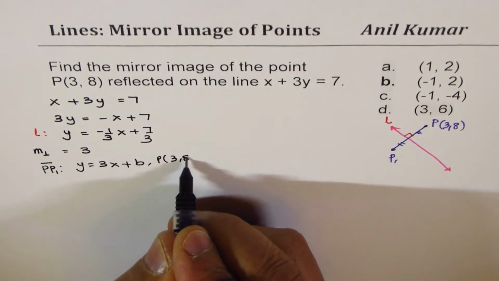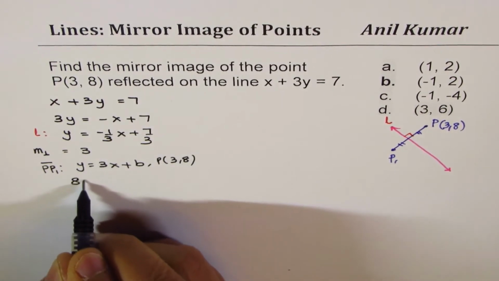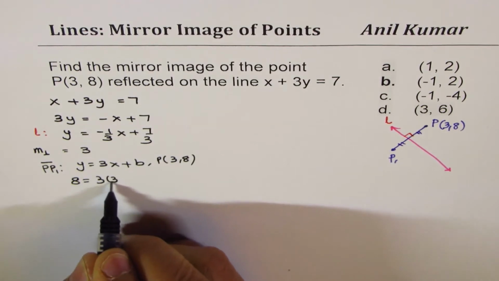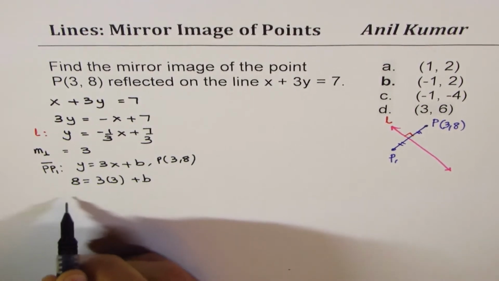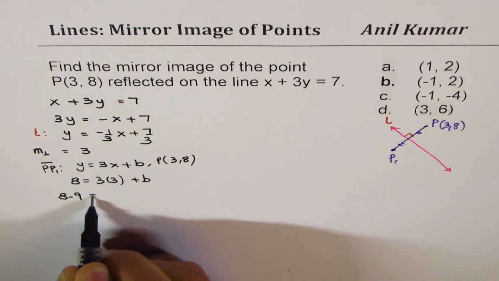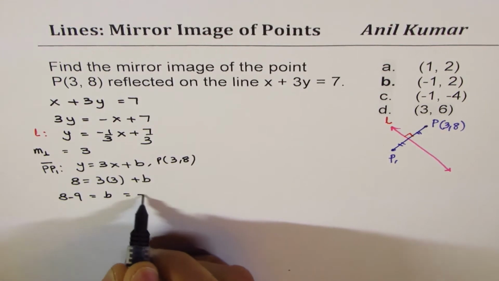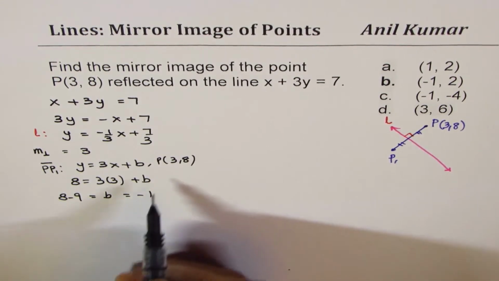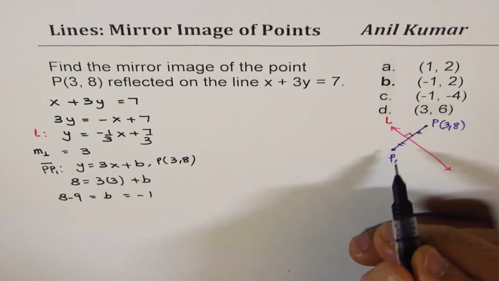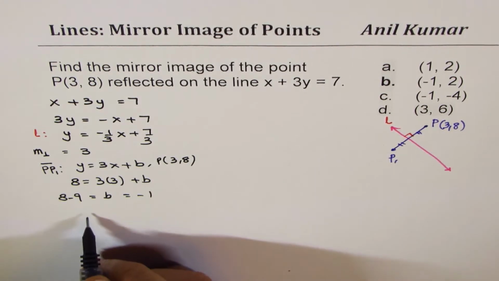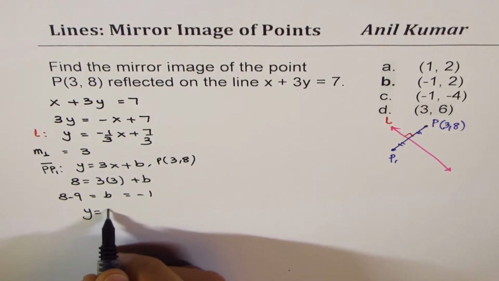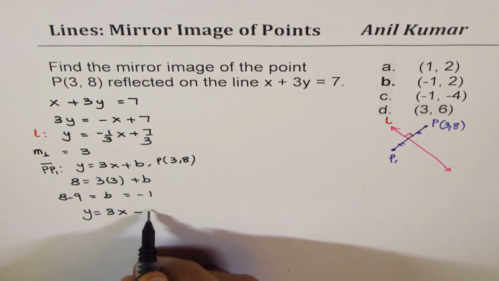Substituting 8 for y and 3 for x, we get b equals 8 minus 9, that is minus 1. So we get the second equation, the line PP dash, as y equals 3x minus 1.